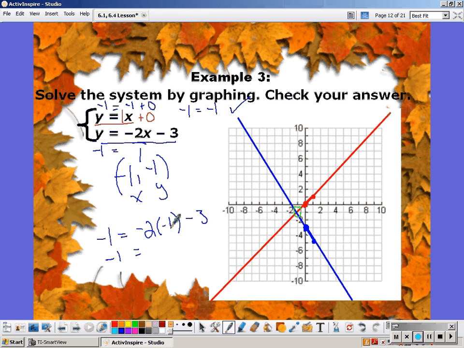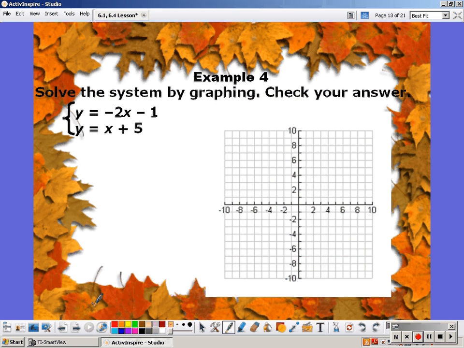Negative 2 times negative 1 is positive 2, then the minus 3. Negative 1 equals 2 minus 3, which is negative 1. Negative 1 equals negative 1. That's right. So our intersection, or our solution, is at (-1, -1). So that's our solution to our system of equations. That's what you can plug into both of these to make it be right.